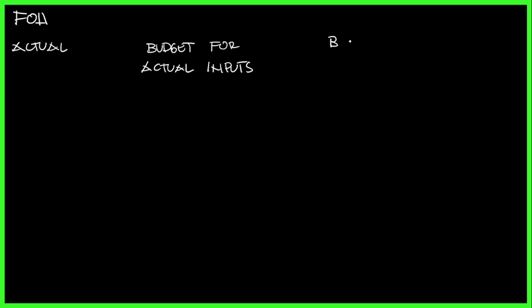And then here you have your budget based on outputs achieved. Tapos applied or standard. Syempre. Okay? So let's try to compute.